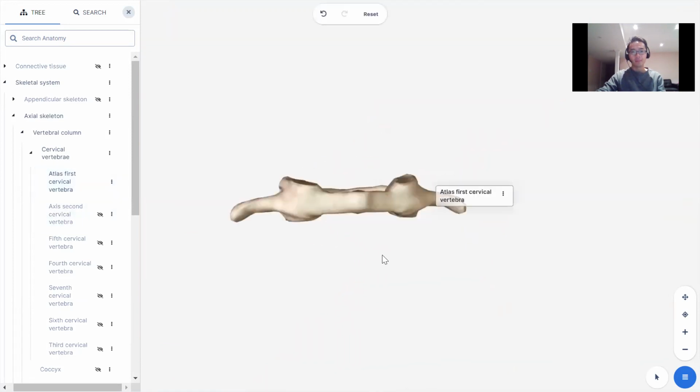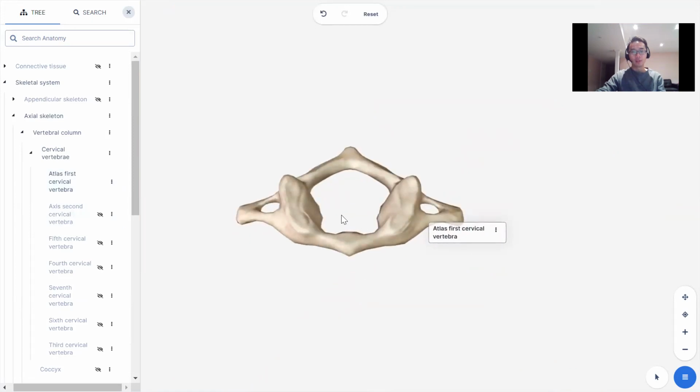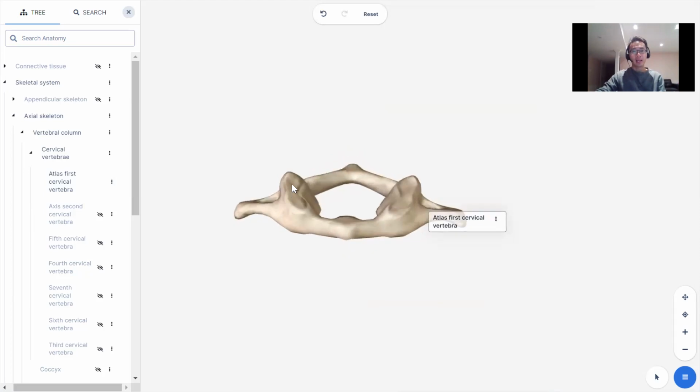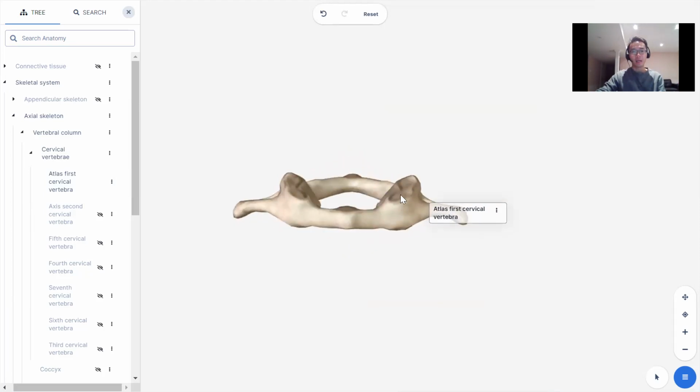There's C1. There's a hole in the center for the C2, which has a little protrusion that's gonna go right through this opening. And these two groove indentations are for the occipital condyle to sit on. When the skull sits on it, it allows you to nod the head.